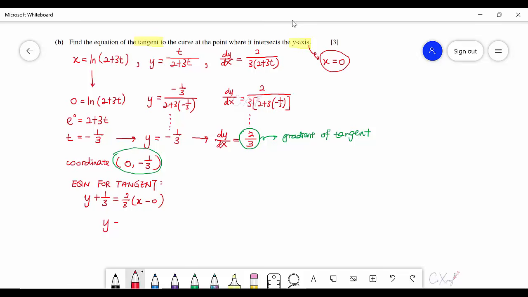If you continue from here and rearrange everything, then you should get y equals 2 over 3 x minus 1 over 3. And this particular equation is the equation of tangent for the curve at the point where it intersects the y-axis.